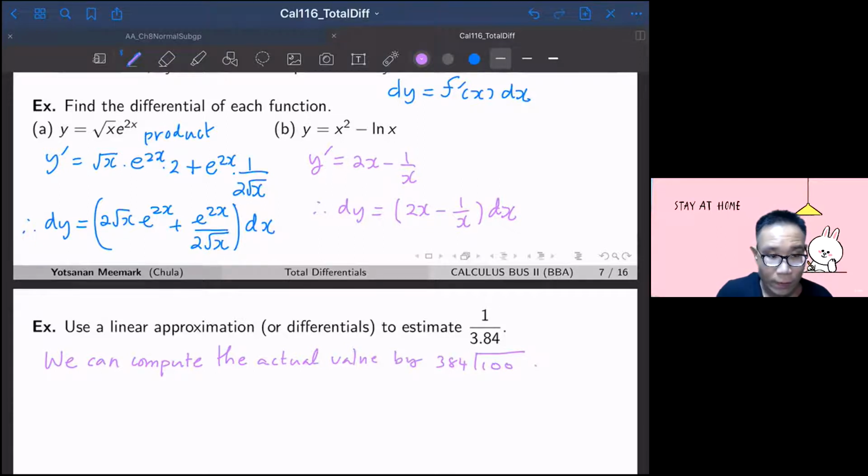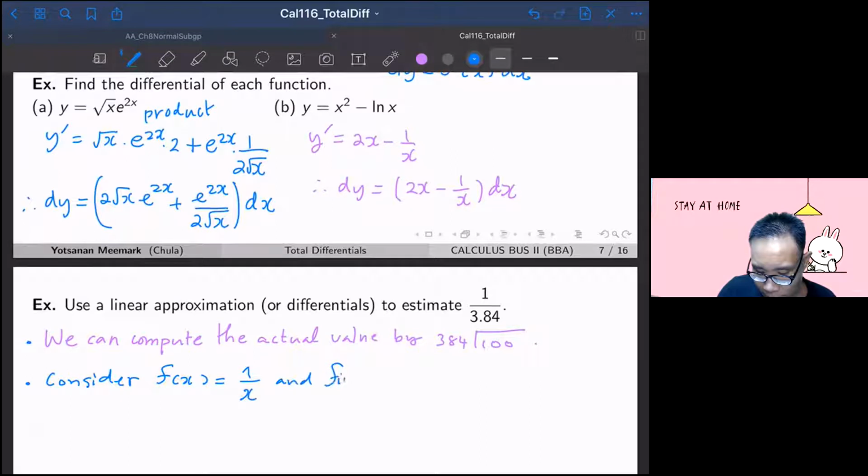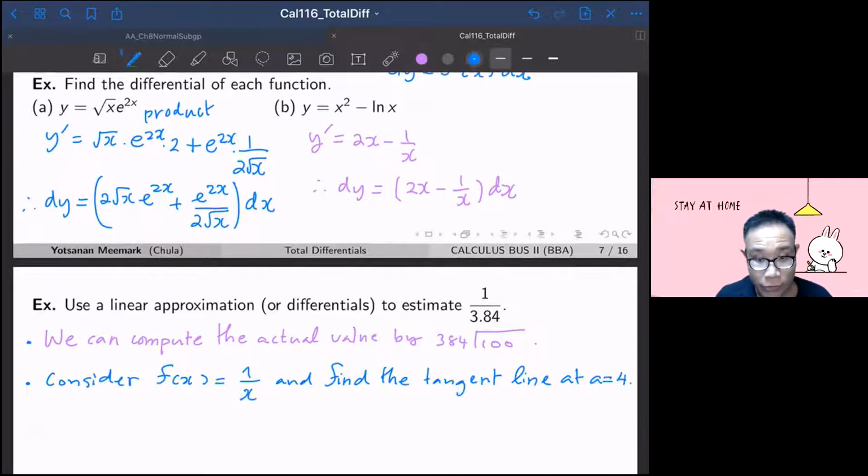However, in order to use the differential, you're going to consider the function f(x) equal to 1 over x and find the tangent line at a equal to 4.